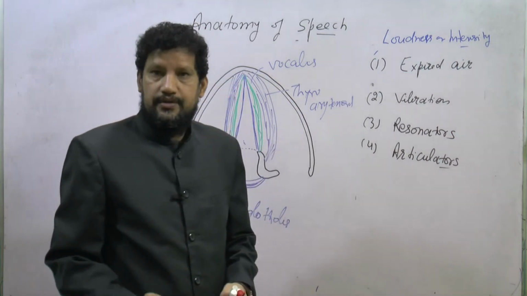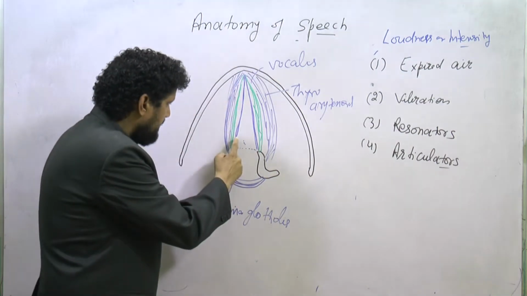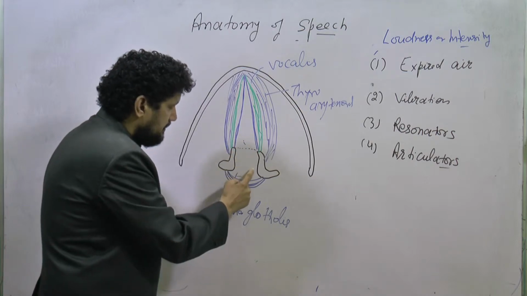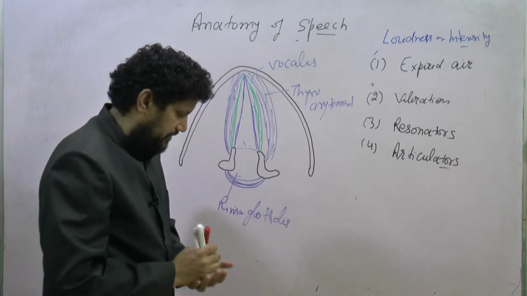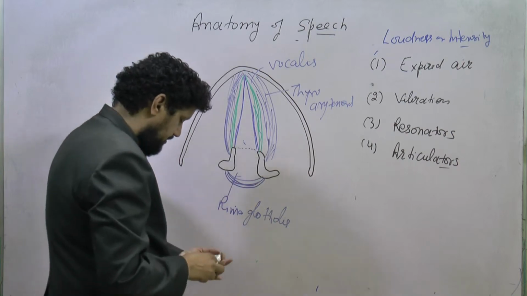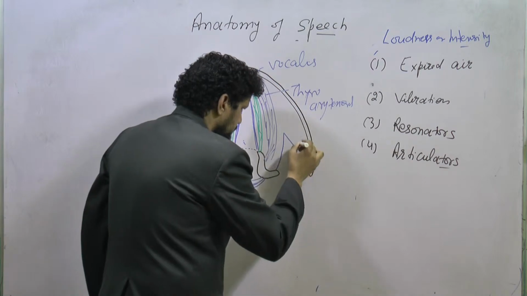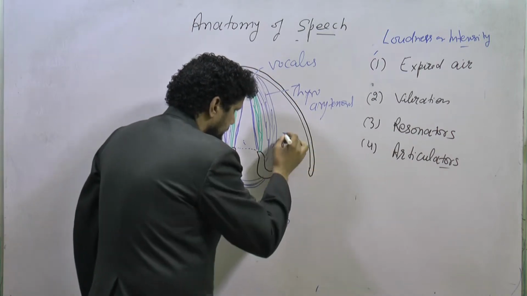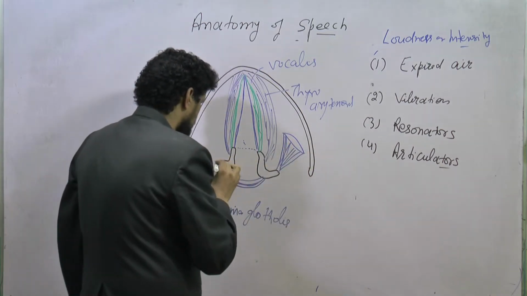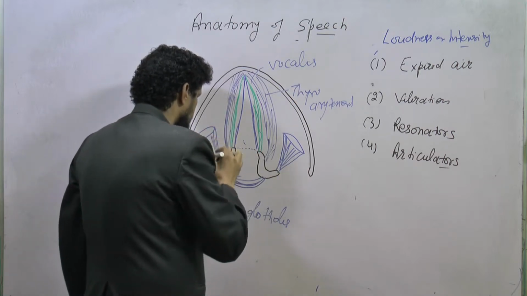At the beginning of the sound or the speech, there is adduction of the intermembranous part and adduction of the intercartilaginous part by muscles. This muscle is the lateral cricoarytenoid muscle.